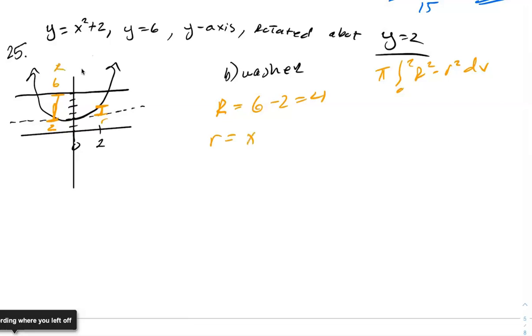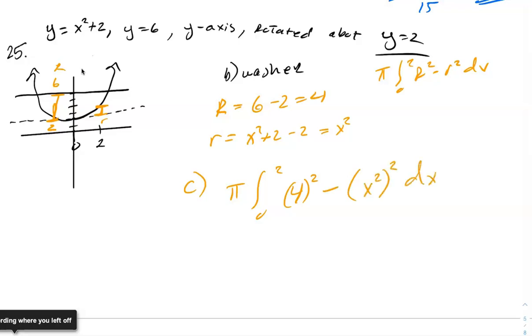And that's going to be x squared plus 2 minus 2, or just x squared, which makes our formula pi integral 0 to 2 of big R, which is 4 squared, minus small r, which is x squared squared dx. Plugging your calculator, you get 128 pi over 5, or 80.424.